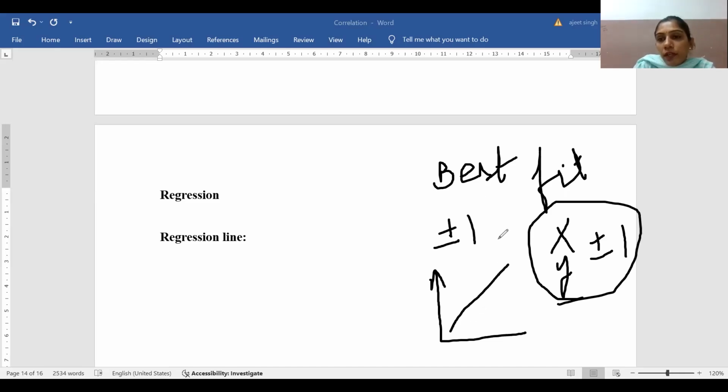If both the variables are perfectly positive, then both the equations will lie on this straight line, and if it is negative, then both the equations will lie on this line. So let's understand it with the help of the equation also.